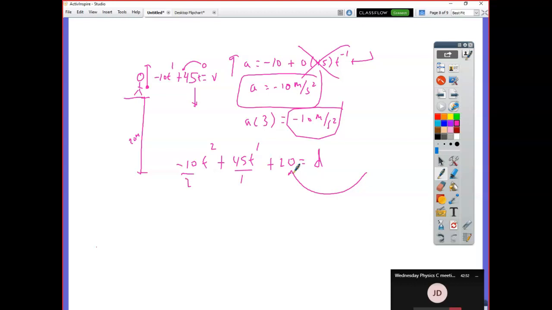And because you have to know where it was, the initial conditions are not in the rate information. You have to add the initial conditions in because once you turn the rate into a displacement, you also need to add where you started. And that's going to happen every time you integrate. Every time you increase the power and divide by the power, you're going to end up with a constant added on. Make sense?